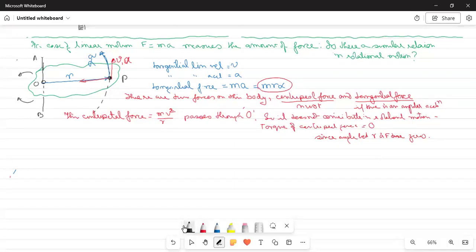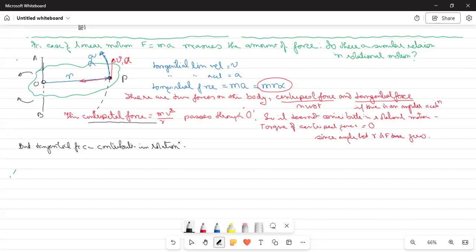So we go back to this. We have seen that the centripetal force does not contribute in rotation, but the tangential force contributes in rotation.